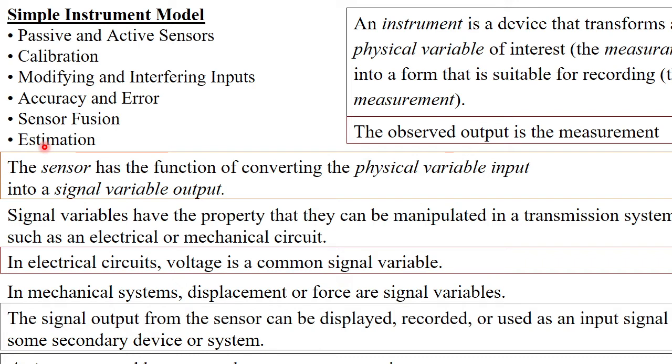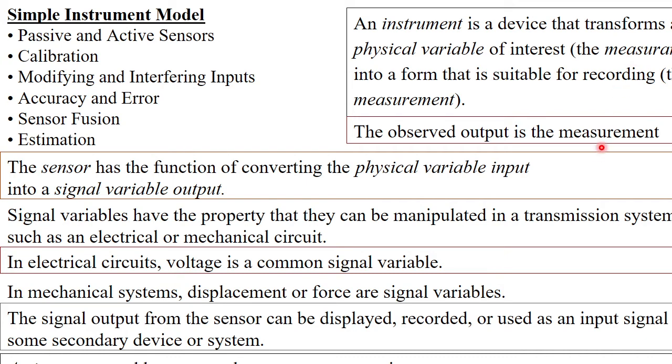Now this is the instrument model as such, where the sensor has the function of converting the physical variable input into a signal variable output. That part we understood. Then signal variables have the property that they can be manipulated in a transmission system. You understand, the sensor is attached physically to the object which we are measuring.